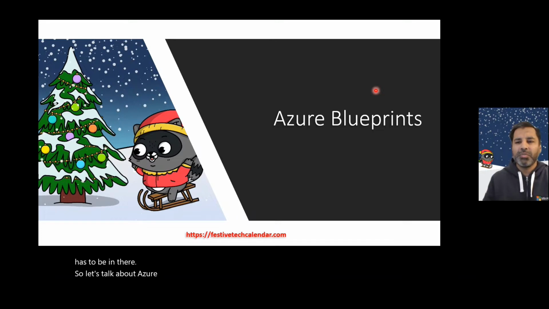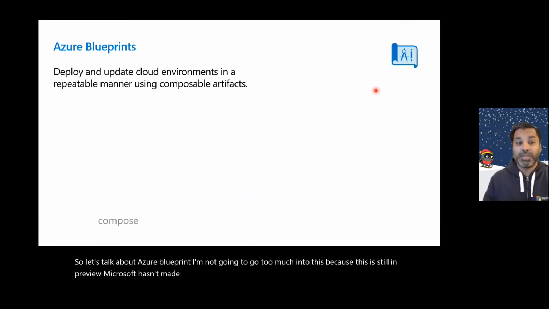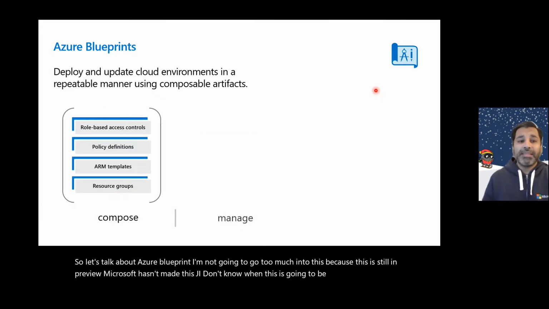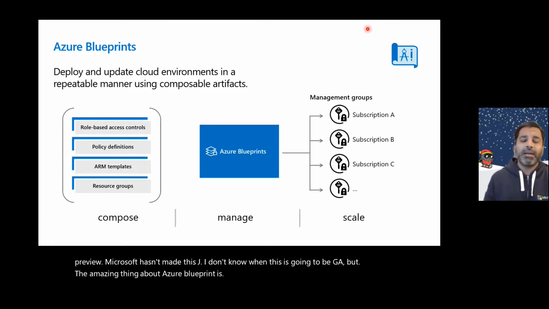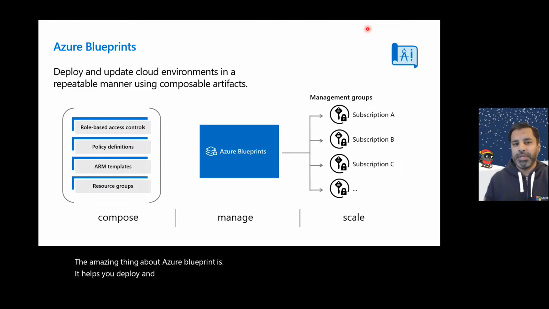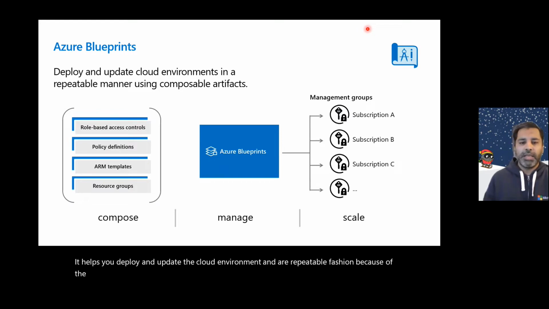I'm not going to go too much into this because this is still in preview. Microsoft hasn't made this GA. I don't know when this is going to be GA, but the amazing thing about Azure Blueprint is it helps you deploy and update the cloud environment in a repeatable fashion, because it has artifacts, and you can repeat from one environment to another.